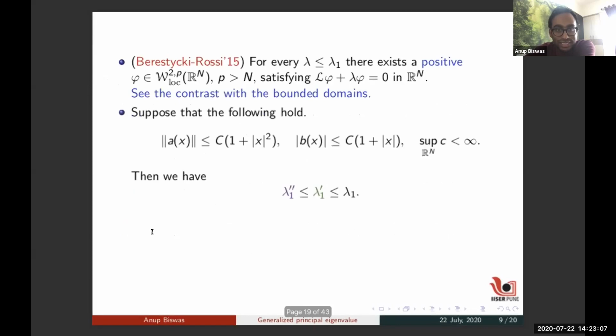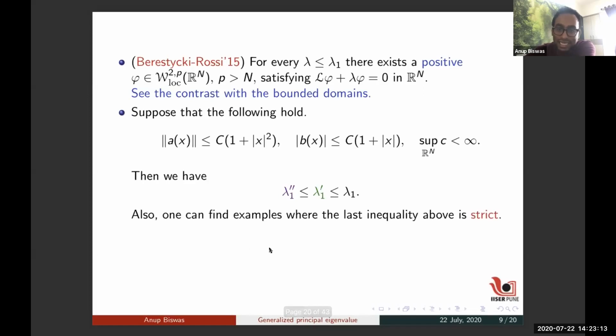Of course, it doesn't exclude the situation that they can be equal. In fact, there is an example where the last inequality can be strict. So unlike bounded domains, where all these three quantities are equal, here they need not be equal.